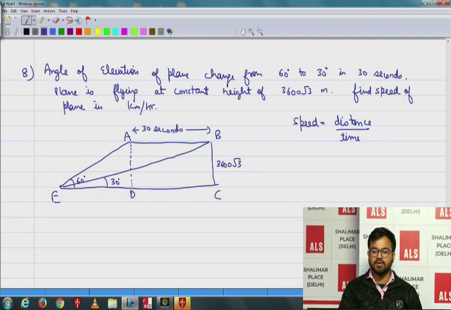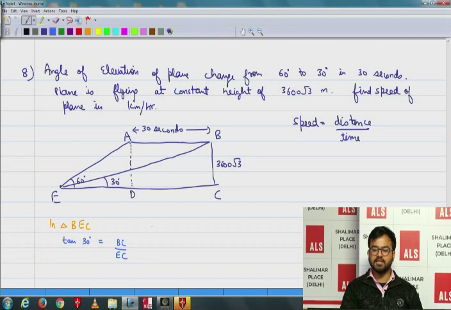So first of all, we will say in triangle BEC, tangent of 30 degree is BC over EC.